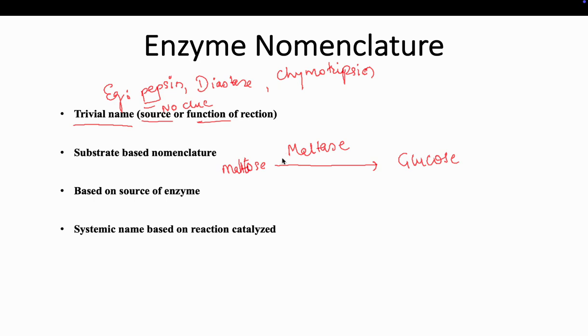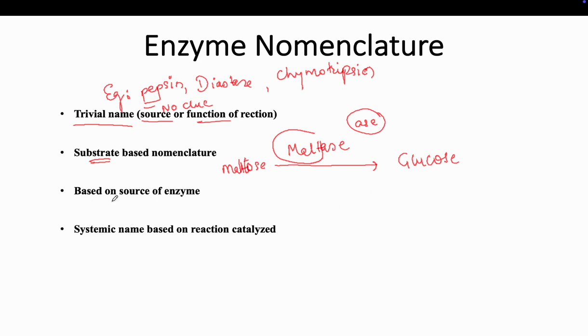We are taking half of the substrate name, malt, and adding the suffix ase, which is the suffix used for all enzymes. Whenever any name ends with ase, we know that it's an enzyme. So there are many examples of enzymes which are labeled after the substrate.